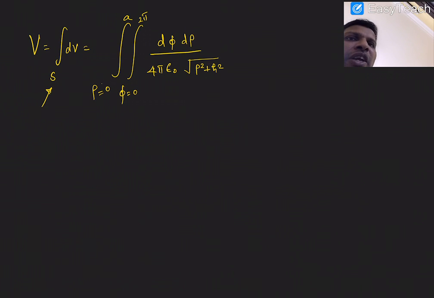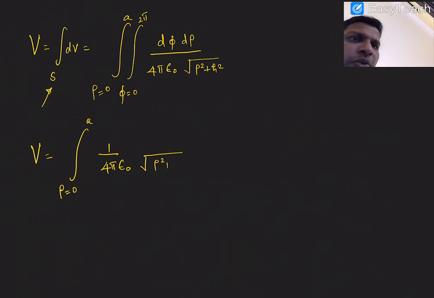Now first we will integrate over phi, so V is equal to the integral, rho changes from 0 to a, and then 1 by 4 pi epsilon 0 square root of rho square plus h square. Then we have phi, the integral of d phi is phi, then we have d rho, phi changes from 0 to 2 pi.